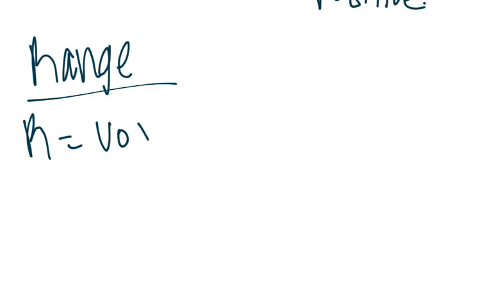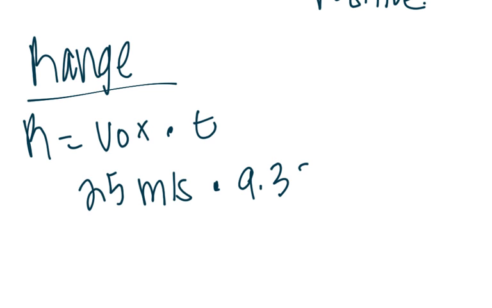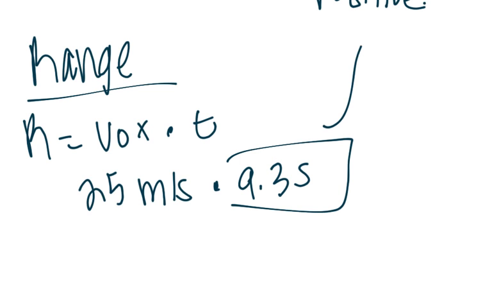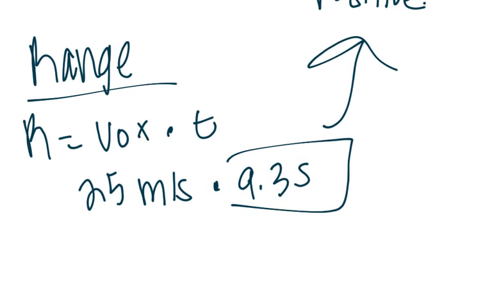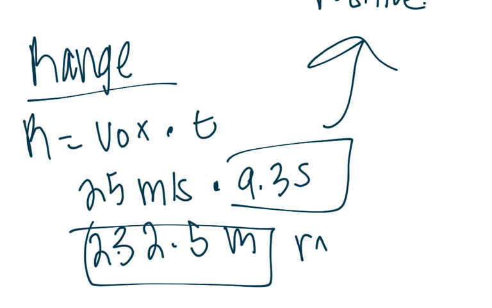So to find the range, we use this equation, velocity times time. We do 25 meters per second times 9.3 seconds that we just got from over here, and that gives us 232.5 meters. And that is our range in meters.